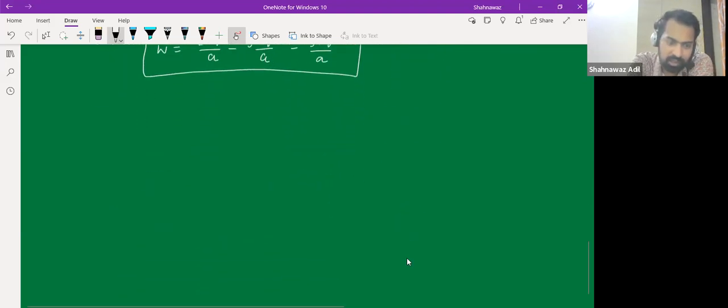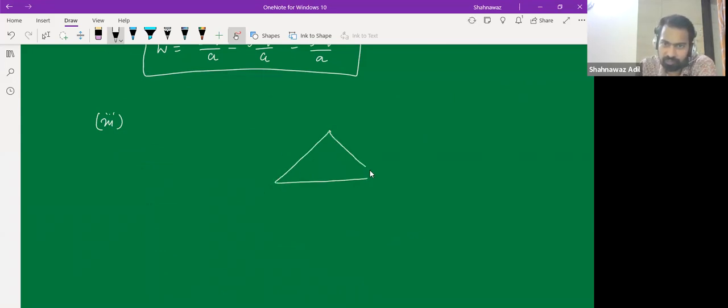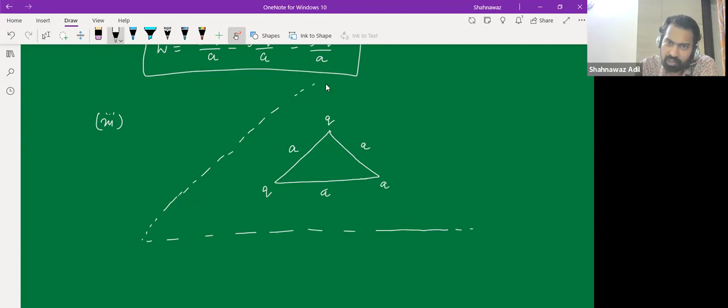Now the next, a similar question. We have this configuration: this is Q, this is Q, this is Q, and this is a. And what we do is release these charges, and then they move apart.